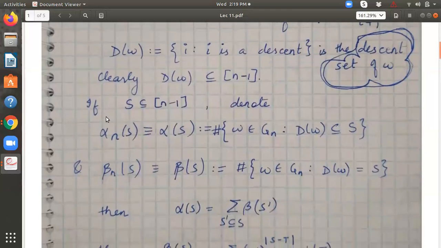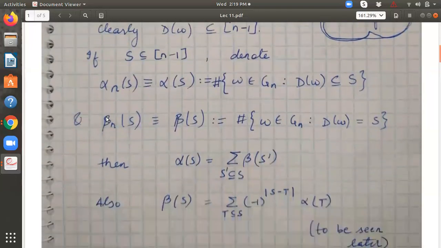We will, if time permits, see this later in the course, which says that once you have alpha S to be this summation, beta S can be rewritten in this fashion: beta S happens to be the signed summation of alpha t, t a subset of S, and this sign is coming from the cardinality of the set S minus t. So this is actually a set minus, though I have written S minus t.